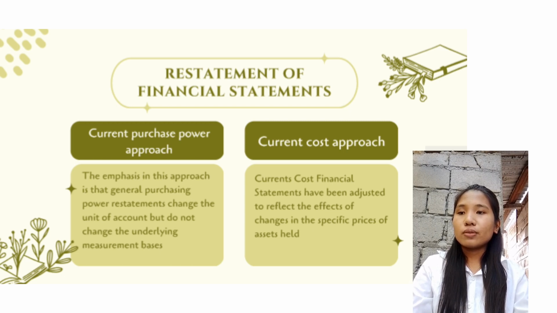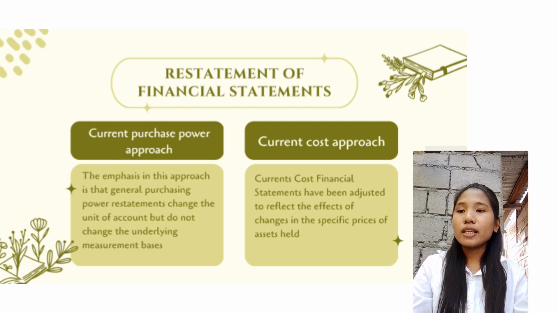So we have also here two approaches used in restating financial statements. The first one is the current purchasing power approach, also called historical cost financial statements, wherein the emphasis in this approach is that general purchasing power statements change the unit of account but do not change the underlying measurement basis.